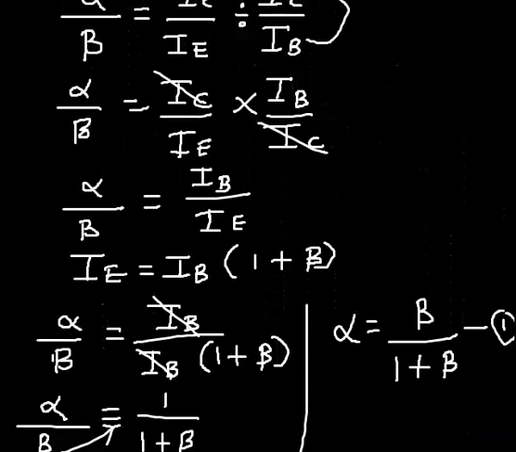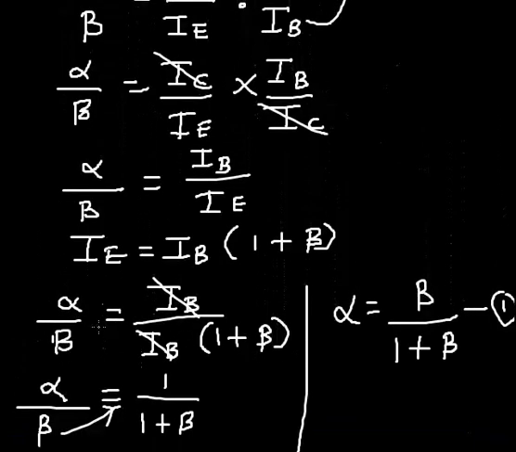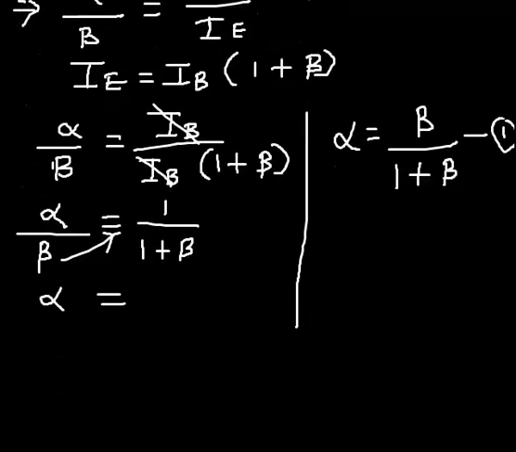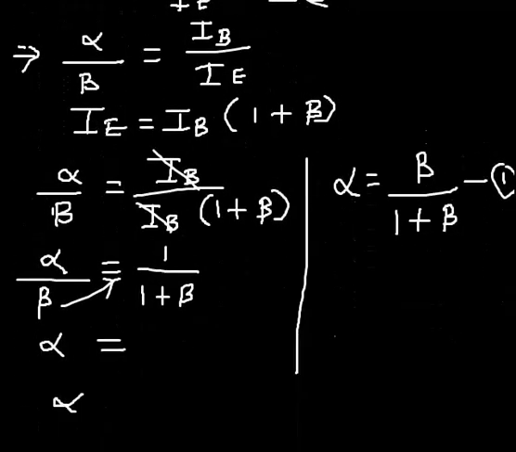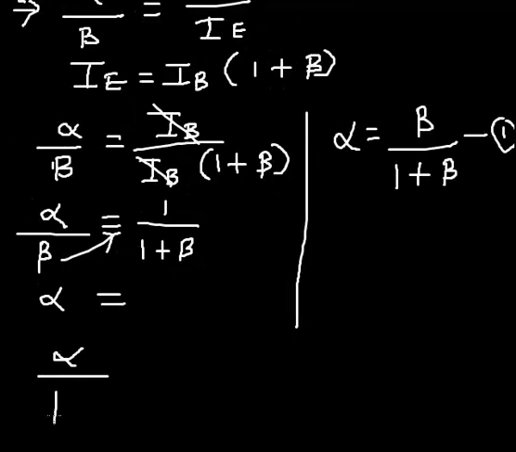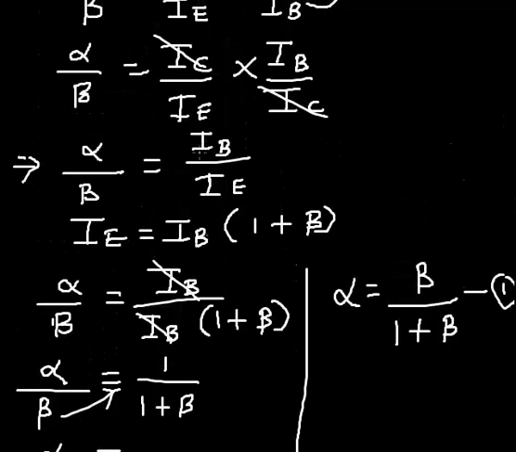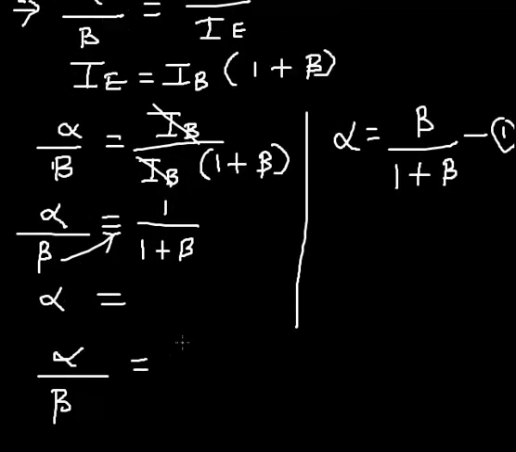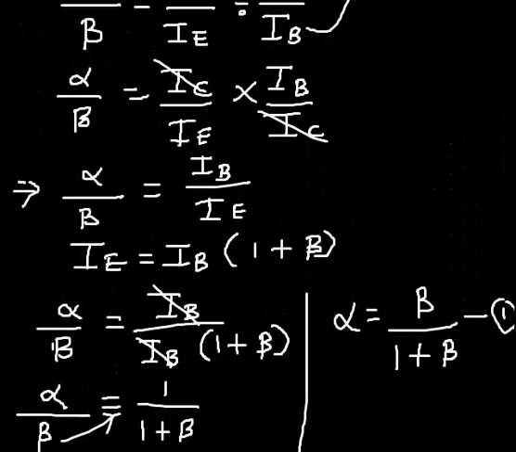Still from this relationship, alpha over beta, we remember is IB over IE. This time I'm going to substitute for IB.